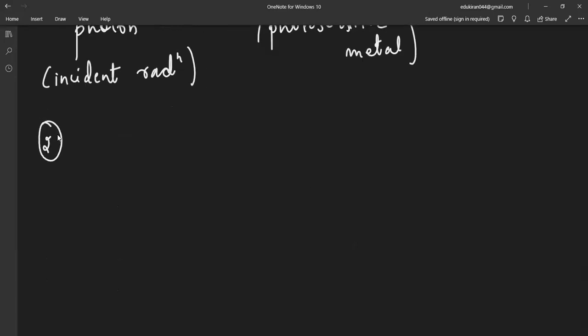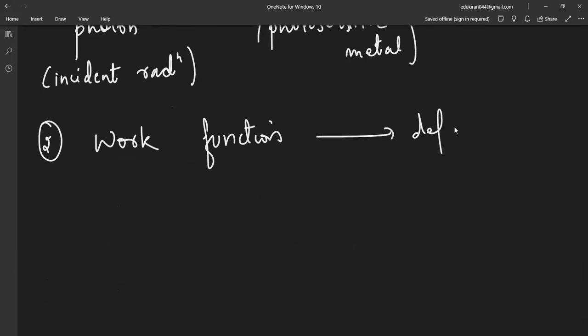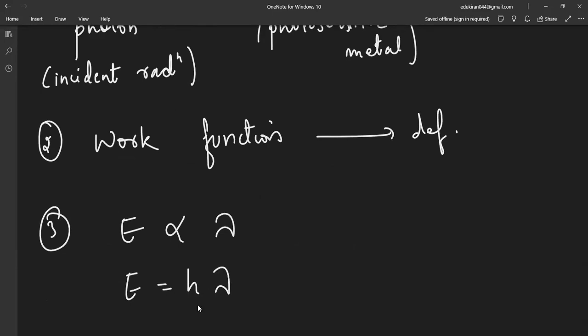Secondly, he introduced the entire complete definition and concept of work function. So that's why I am telling you the definition of work function can come separately as well. All right, definition of work function. Then he told the fact that energy is directly proportional to the frequency. So we have a constant here, the Planck's constant.